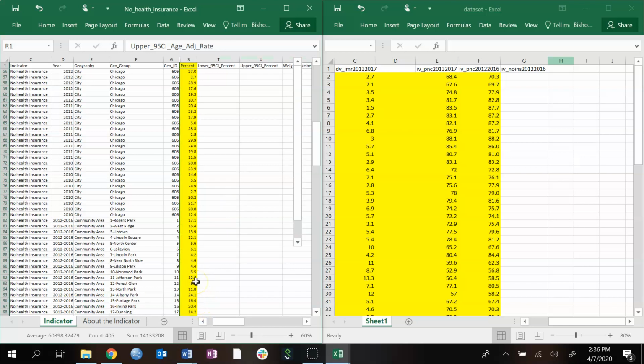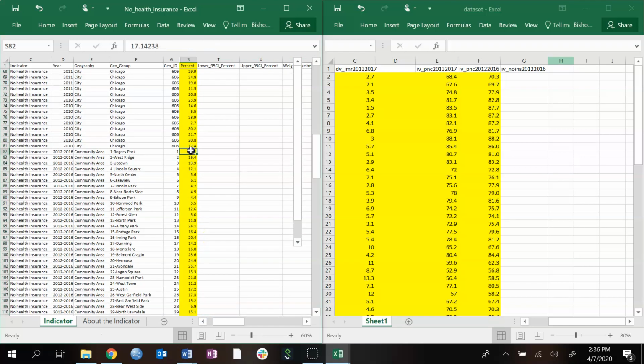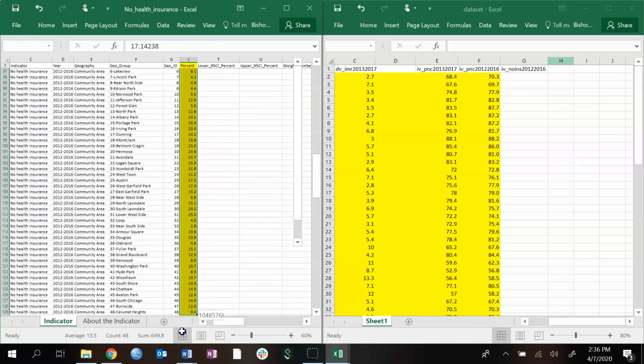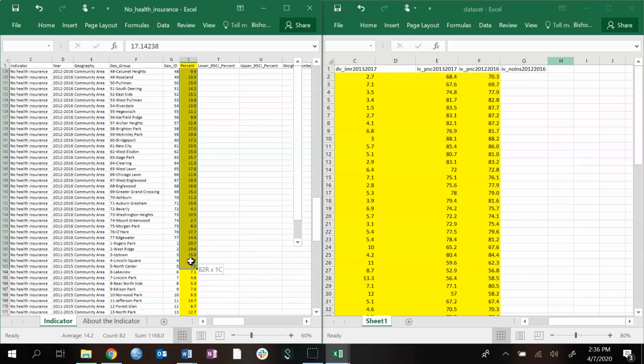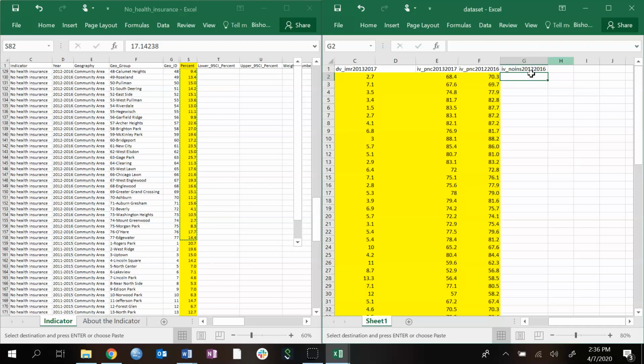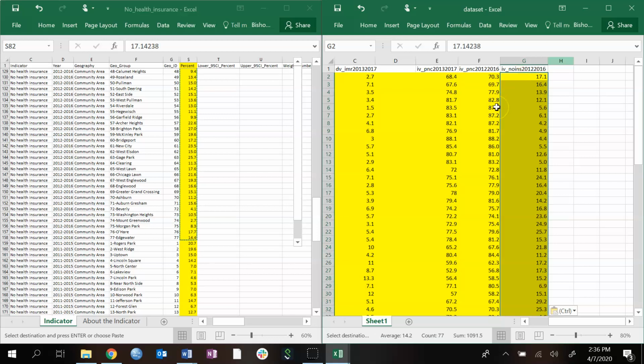Okay, so we've got 2012 to 2016 percent starting with Rogers Park, going down to Edgewater. Copy, paste. Okay. Now, it's not in here for 2013 to 2017, so I'm not going to be able to add that variable to my data set, but that's okay.